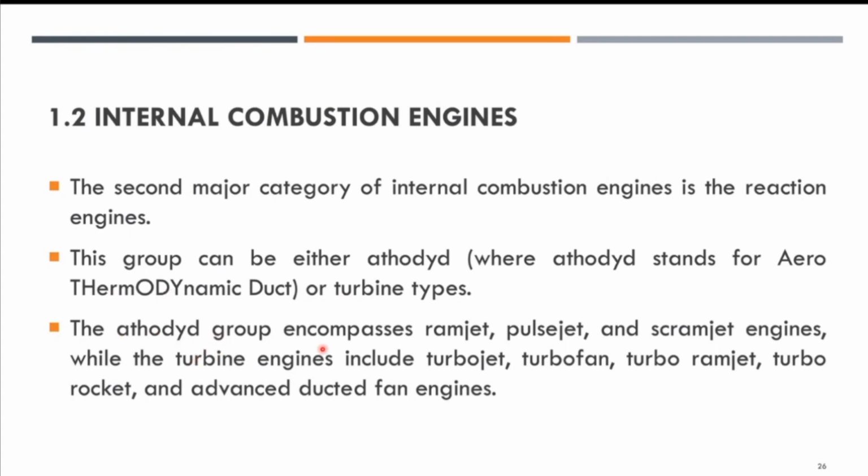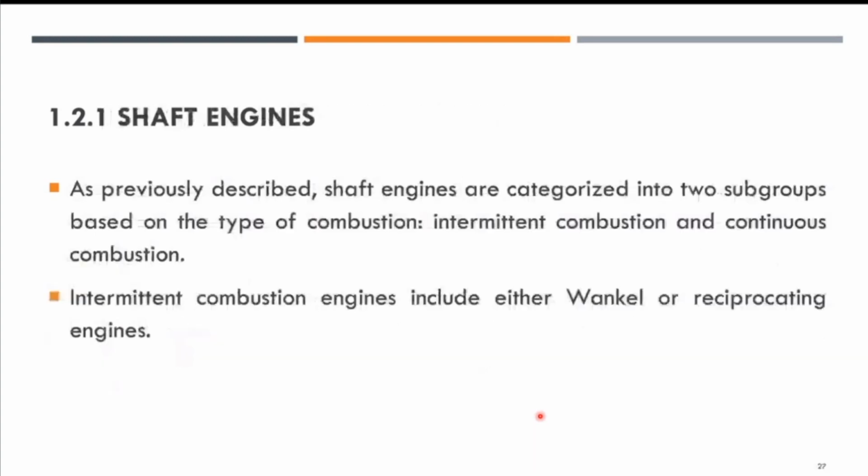The ATODID group normally includes the ramjet engine, pulse jet, and scramjet, while the turbine engines include the turbojet, turbofan, turbo ramjet, turbo rocket, and advanced ducted fan engine. So all of this we will also look into in today's lecture.